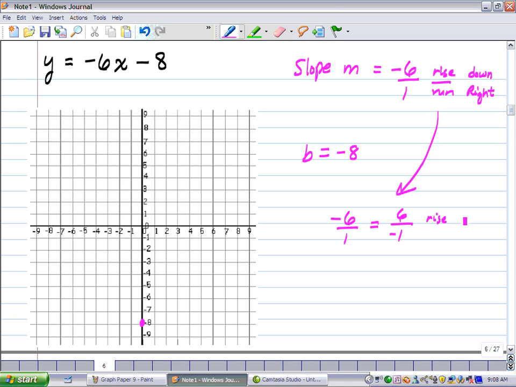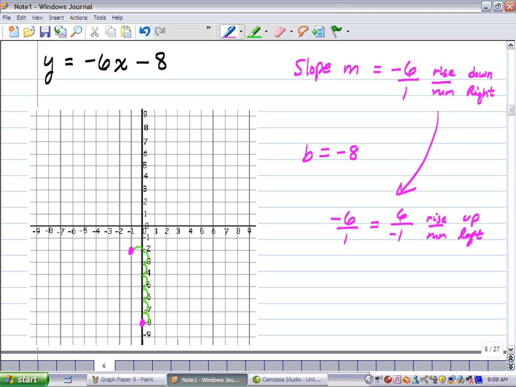So now I've changed it so the rise is up and the run is left. And I will be able to do it. So I'm going to rise up 6, 1, 2, 3, 4, 5, 6, and run to the left 1. So now I can do it.